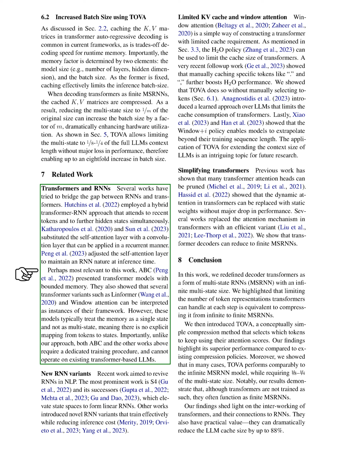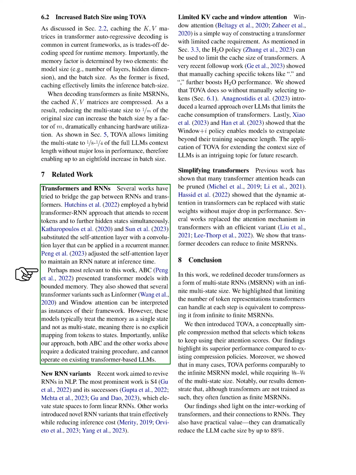There have been several attempts to simplify transformers and bridge the gap between them and recurrent neural networks, RNNs. Some have used a hybrid approach that attends to recent tokens and hidden states at the same time. Others have replaced the self-attention layer with a convolution layer that can be applied in a recurrent manner. Some have adjusted the self-attention layer to maintain an RNN-like behavior during inference.